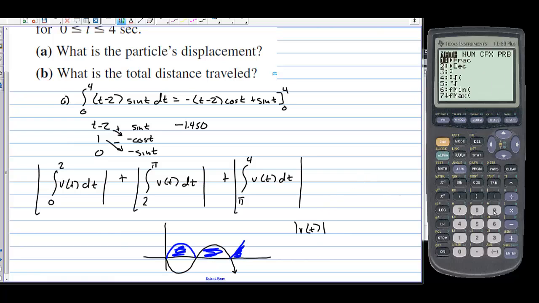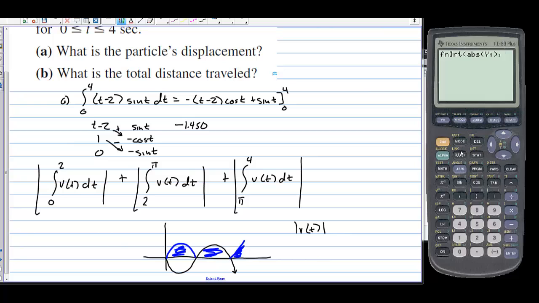And our calculator has the ability to do that. We can hit math, number 9, and then math, under num, we have absolute value. So we can take the absolute value of the function and then integrate over the absolute value. We'll go to variables, y variables, and enter y1 instead of entering the function in all over again. Whatever is in y1 now will go in that spot.